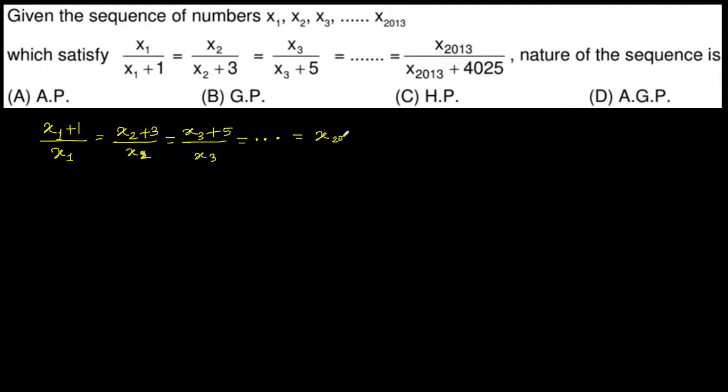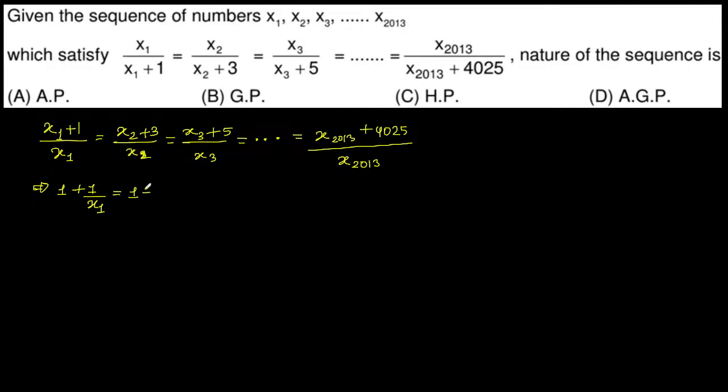x 2013 plus 4025. So x 2013. This is 1 plus 1 by x1.